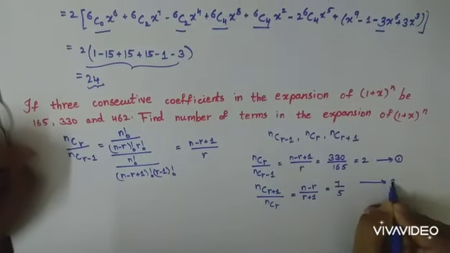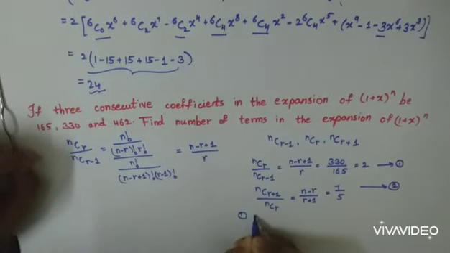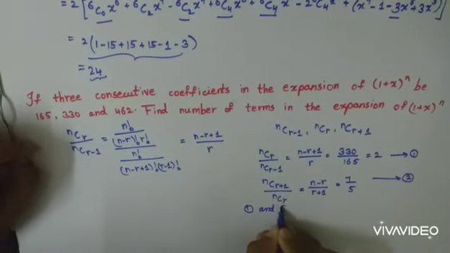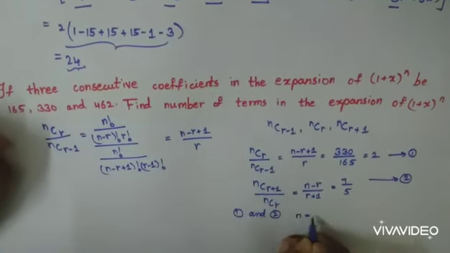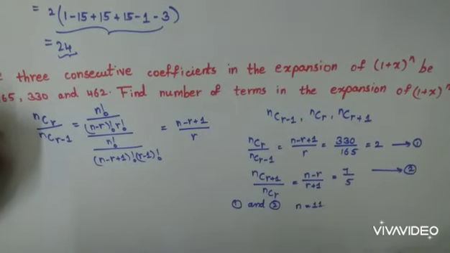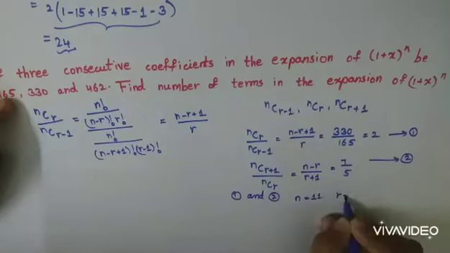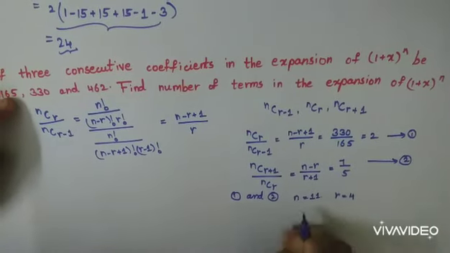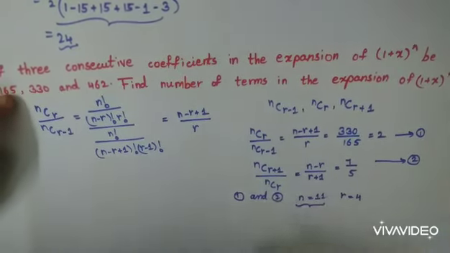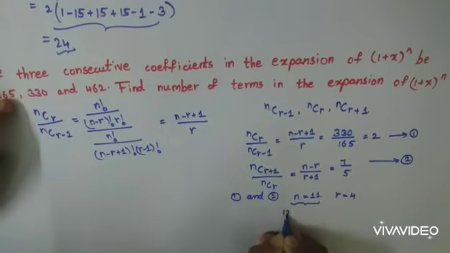On solving 1 and 2, we get n equal to 11 and r equal to 4. So the number of terms in this expansion is 12.